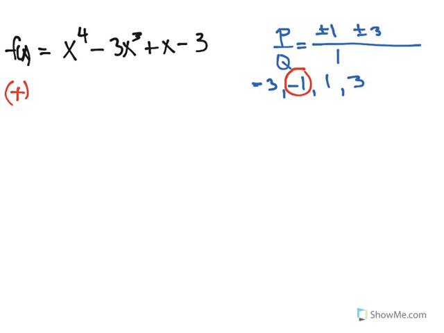For positive solutions, I go positive to negative, that's 1, negative to positive is 2, positive to negative is 3. So I can either have 1 or 3 positive solutions. Now to check for negative, I change signs. So this will end up being a plus, and the positive x ends up being a minus x.